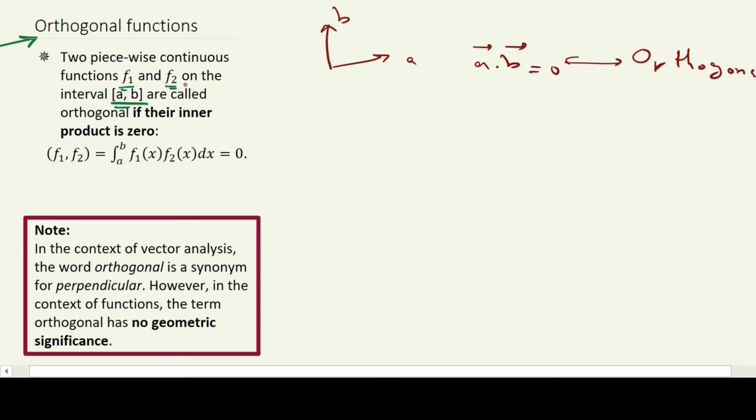And similarly here, if we have two functions with the inner product of 0, by analogy we call those two functions orthogonal.